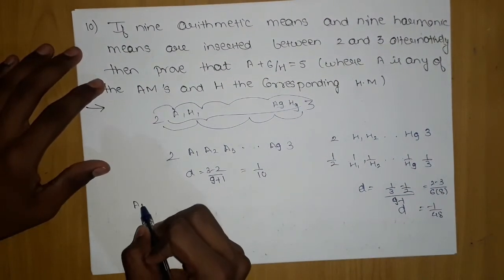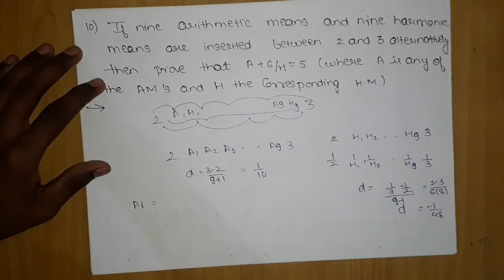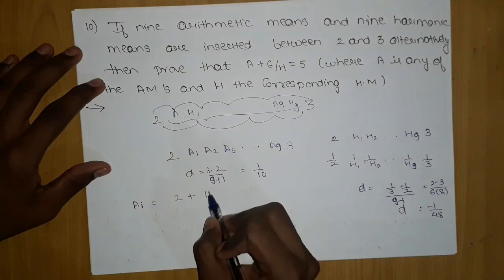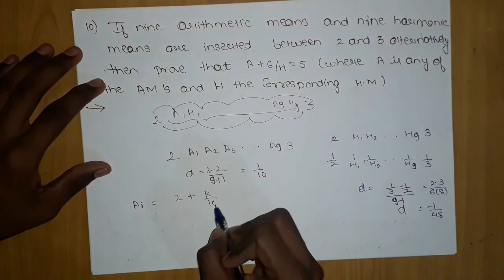Now if I want to find a general arithmetic mean ai, how can I find it? I can find it like this: the first term plus k times d, where d is 1 by 10.